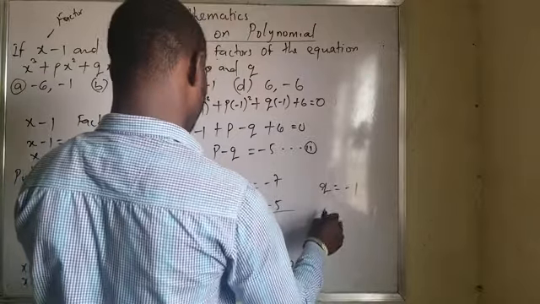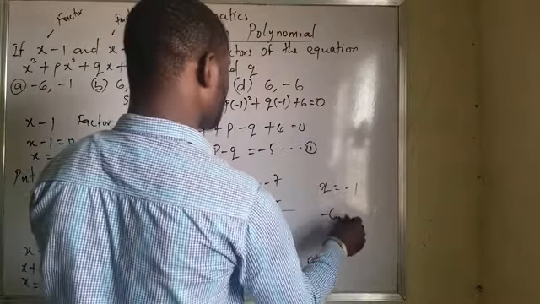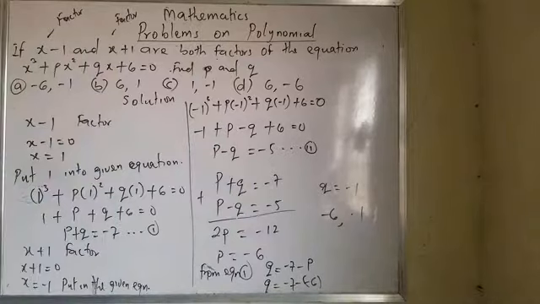It means my p and q are minus 6, minus 1, which is going to be A. The answer is A. Can you see?